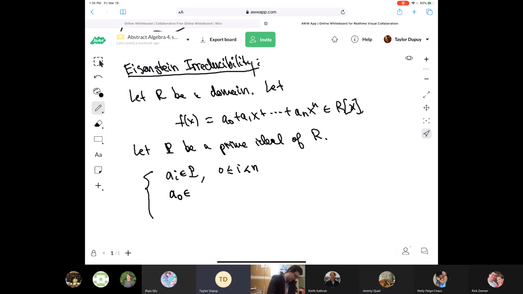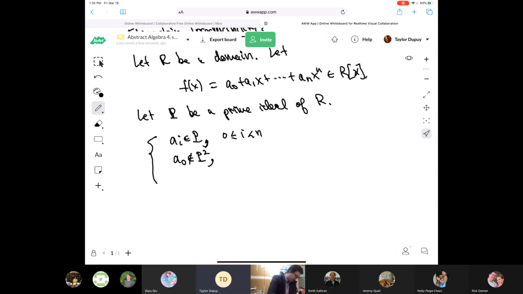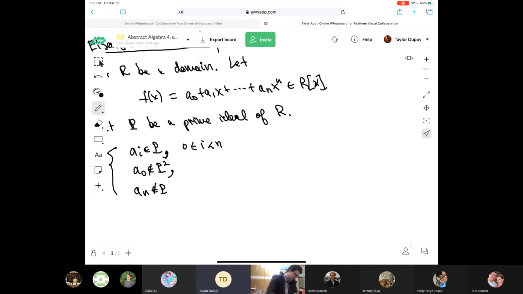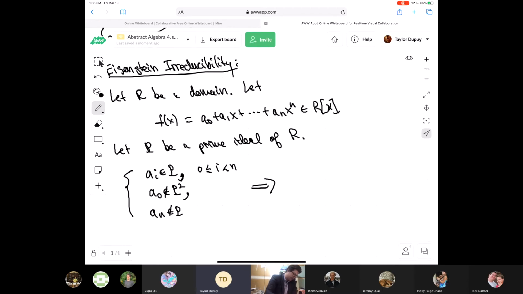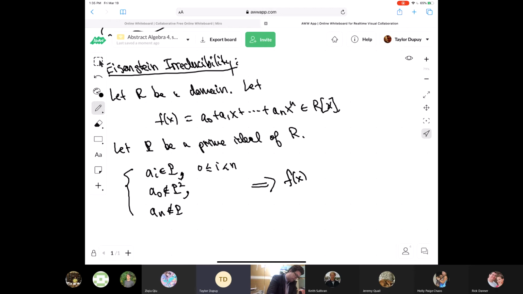And a_0 is not in P squared, so it vanishes to order 1, but not to order 2. And if a_n is not in P, then these are the Eisenstein criteria, and this implies that f of x is irreducible.